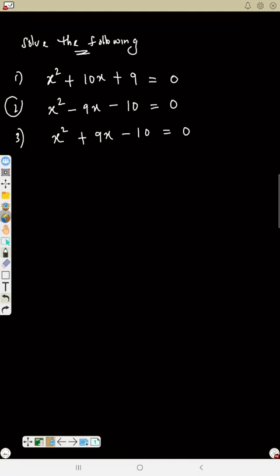So try this one too. We've solved the one with plus and we solved the one with minus. Again, number 4, let's say x squared minus 7x plus 8.